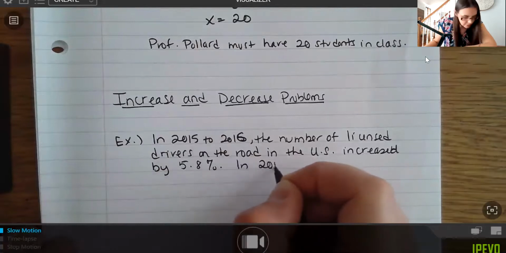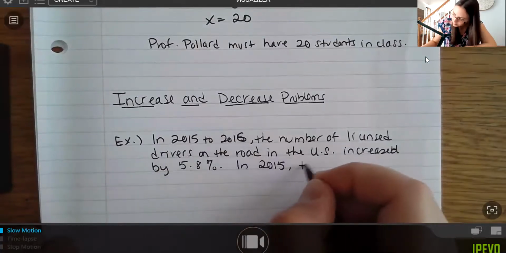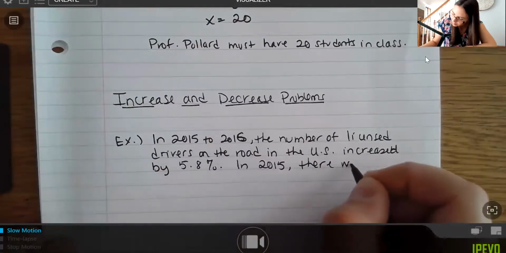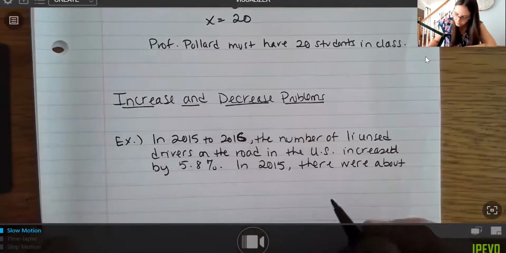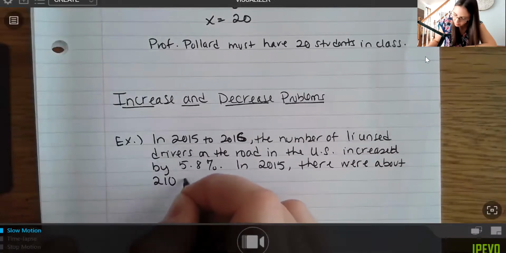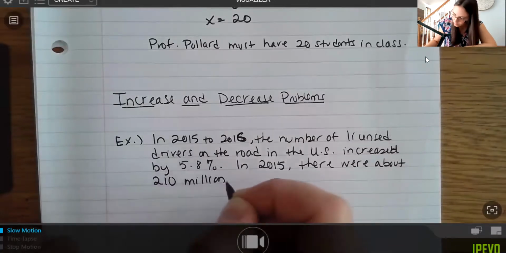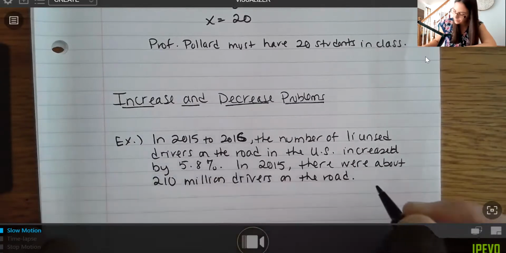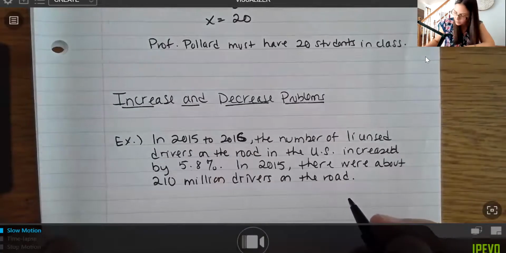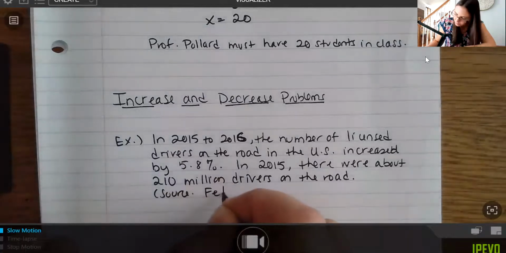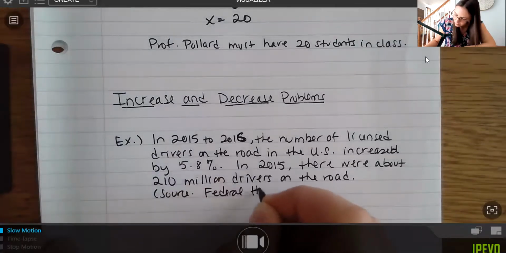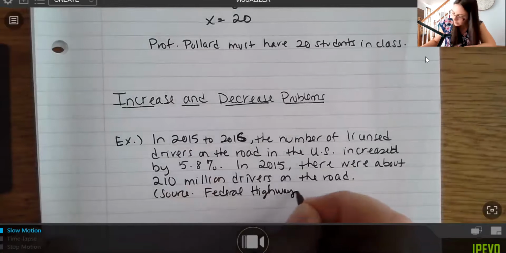In 2015, there were about 210 million drivers on the road. And then my source here, just as a side note, is the Federal Highway Administration.